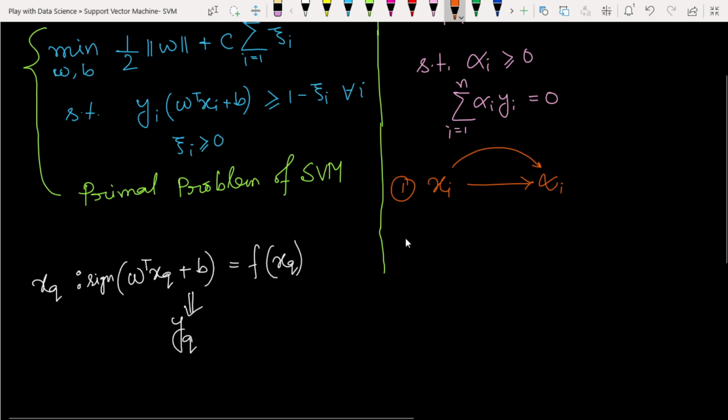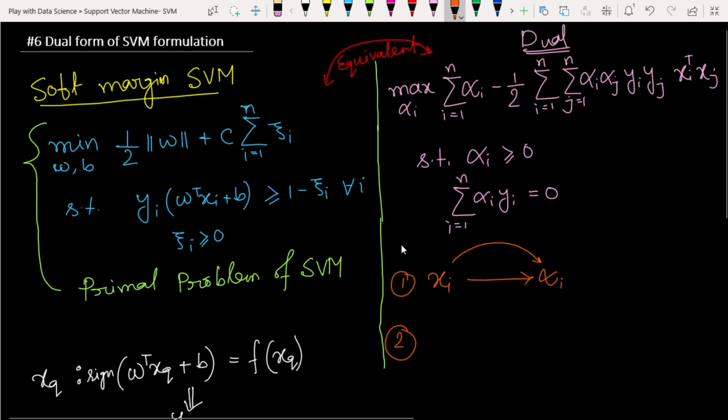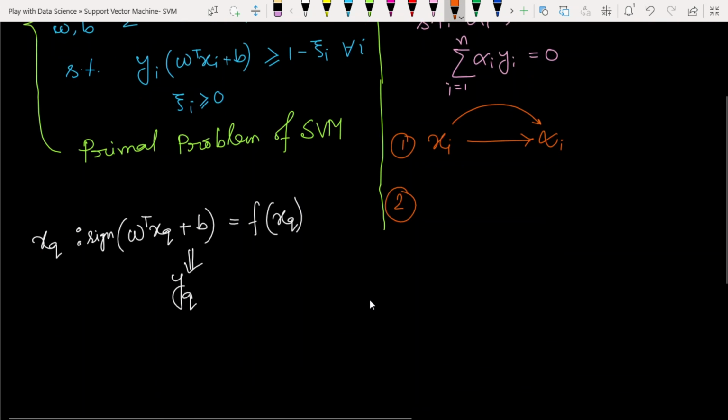Now visualize the second thing. The main observation is that here we have w transpose xi, but in the dual problem xi only occurs in this form, that is xi transpose xj. Let's write this down.